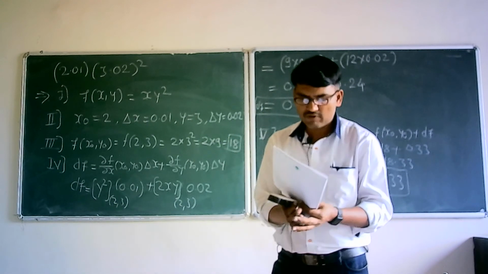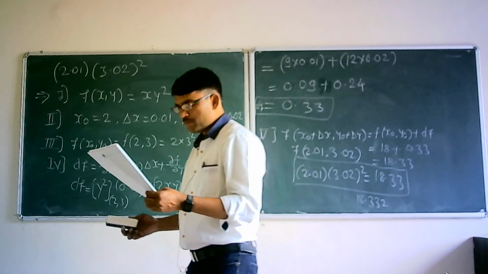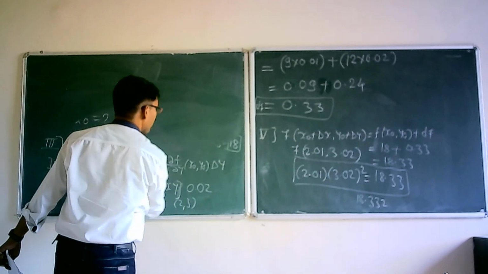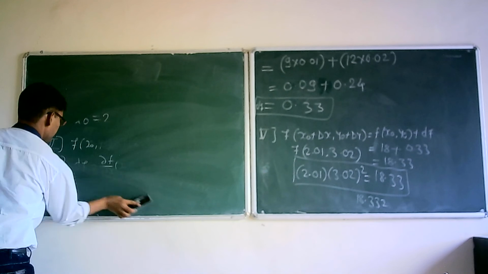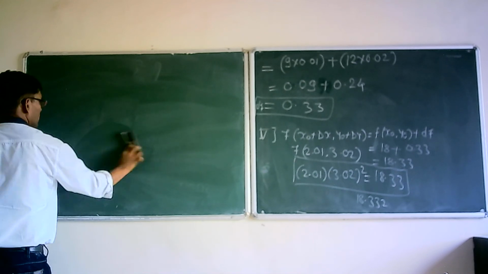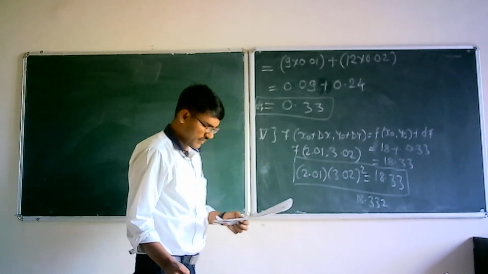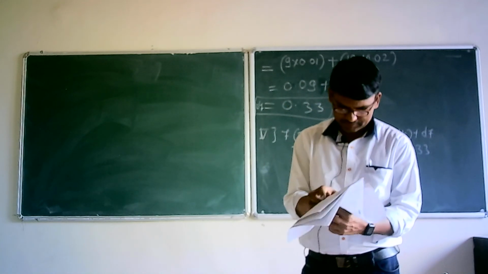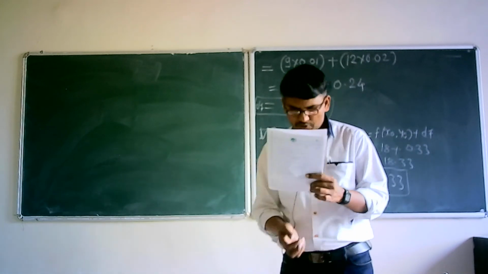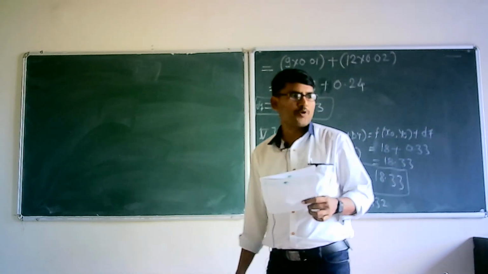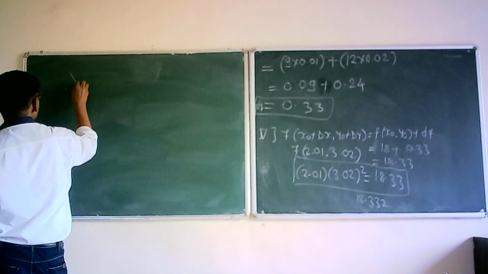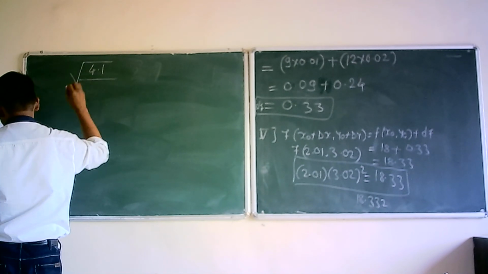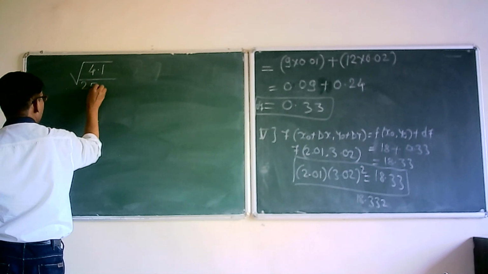So next, take one more example. By using differential, find an approximate value of square root of 4.1 divided by 25.01.